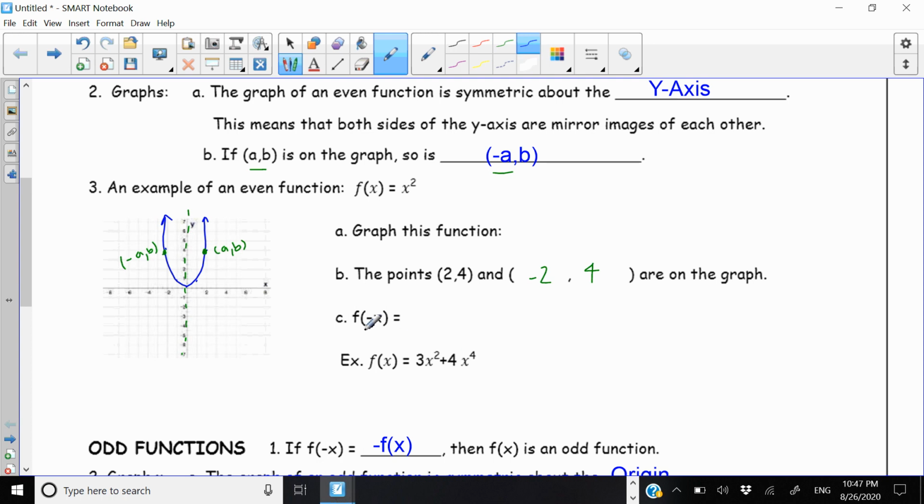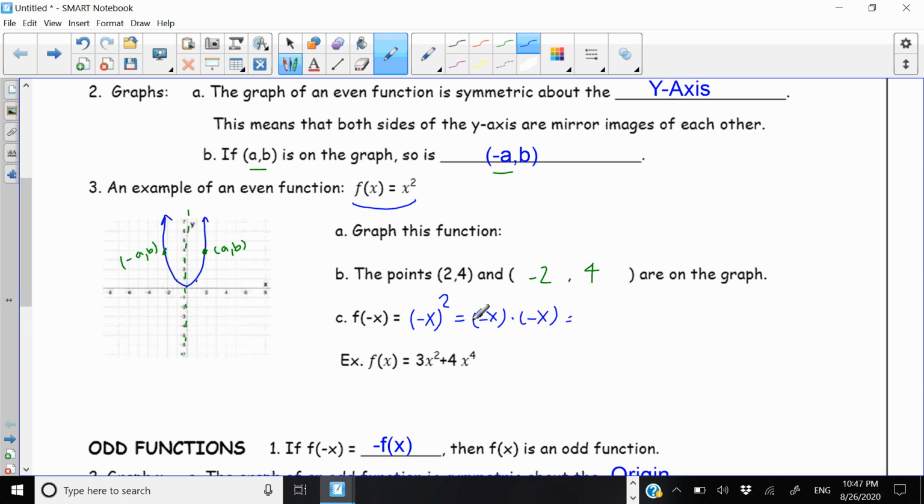Now, let's see what is f of negative x. If my equation is f of x equal to x squared, f of negative x is going to look like this. Wherever I see an x, I'm just going to replace that with negative x. So my equation was x squared. Now instead of x, I'm going to put negative x, squared. Now let's evaluate this. Negative x squared will be negative x times itself.